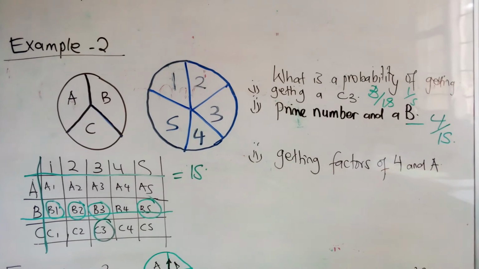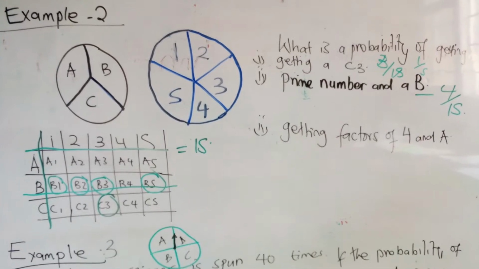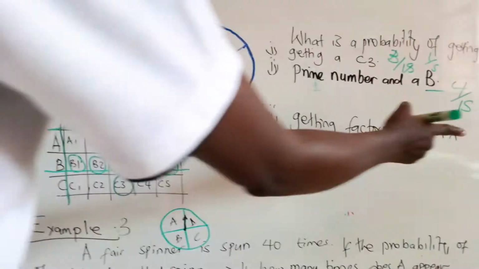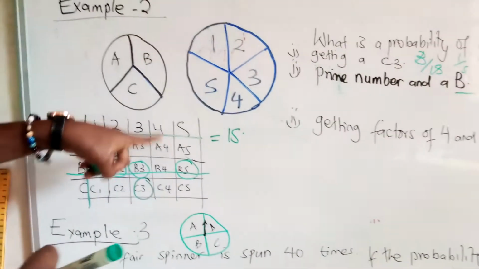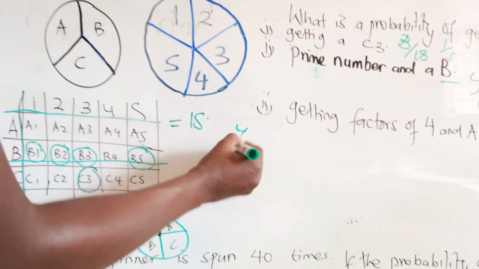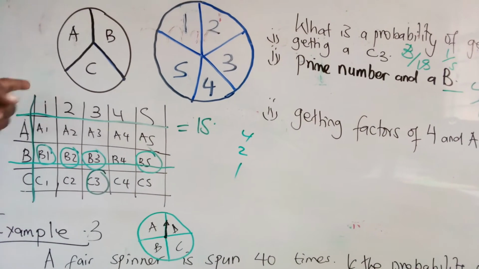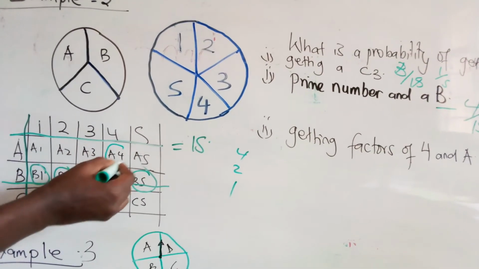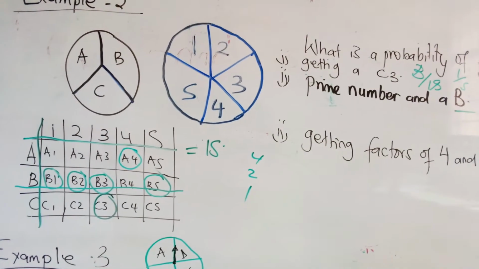And getting factors of 4 and A. Factors of 4 are simple. We have 4, 2, 1. Now we go to the line of A and see where we are having 4. That is a factor of 4 because 4 is a factor of itself.